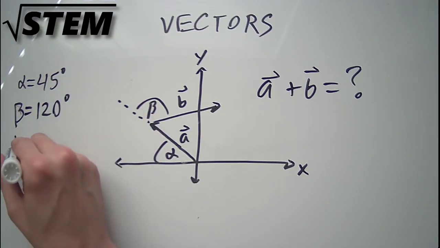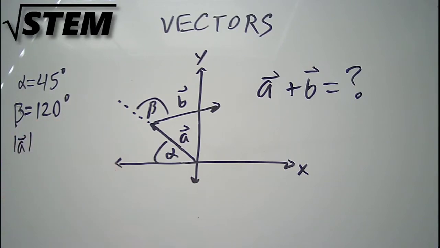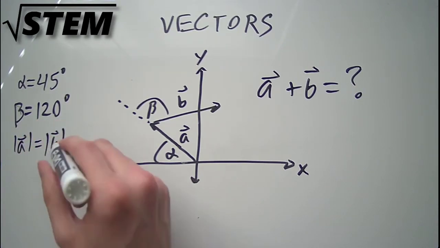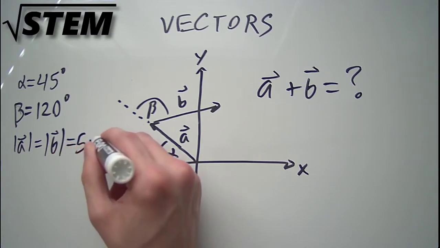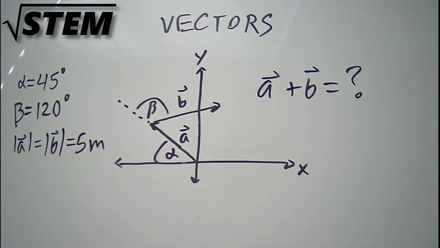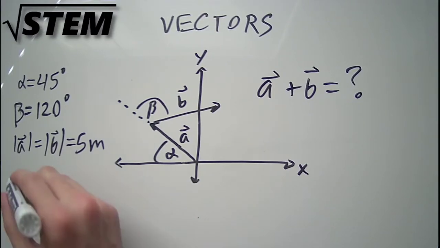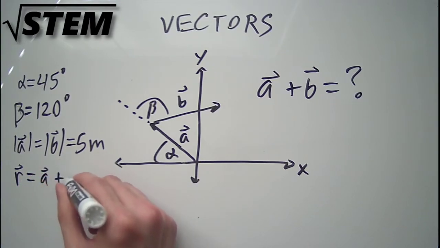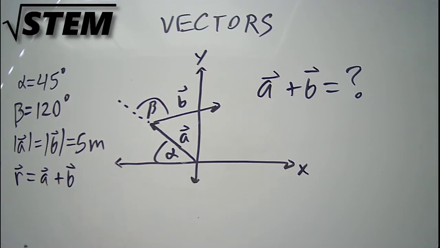And we know that the magnitude, or the length, of each of these vectors is exactly the same. They are both 5 meters long. So what we need to do is get the resultant vector R equals A plus B and express it in Cartesian xy coordinates as well as polar r and theta coordinates.